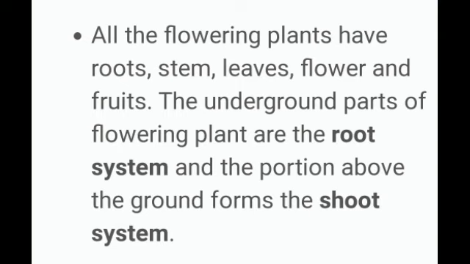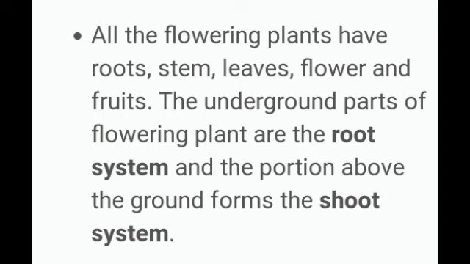Everything is variable depending upon the habitat and types. Now, each and every flowering plant has a root system and shoot system. Root means the part below the ground, and shoot system means parts which are present above the ground.